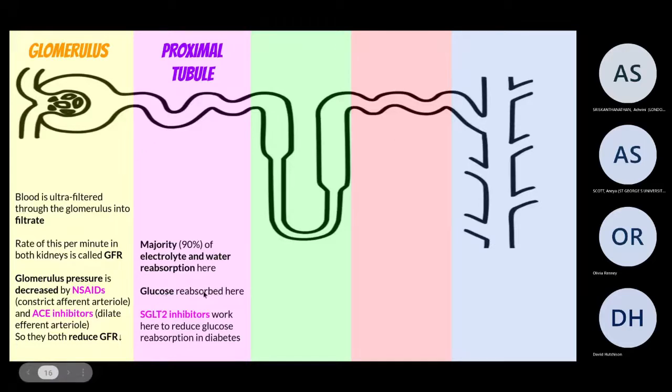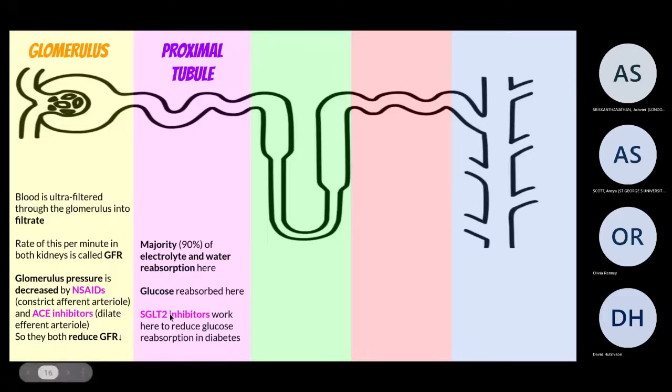this is reabsorbed here through SGLT2 channels, and so SGLT2 inhibitors like dapagliflozin and canagliflozin and anything ending in gliflozin work here to reduce your glucose reabsorption.